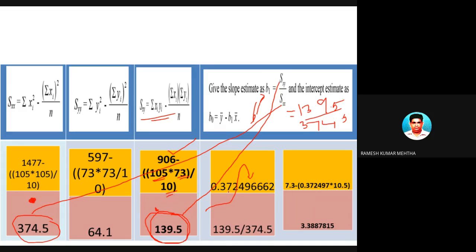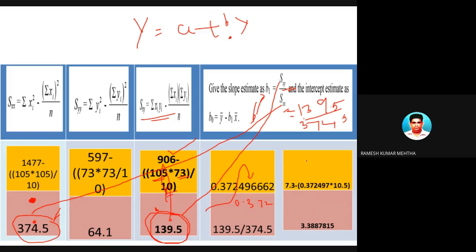Now this is the first one, y is equal to a plus bx. We have found out b. How do you find b? B is equal to this divided by this, and I have plugged in the values, and I got the figure 0.372.